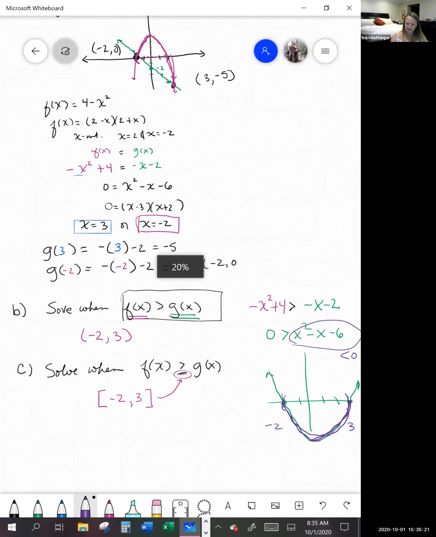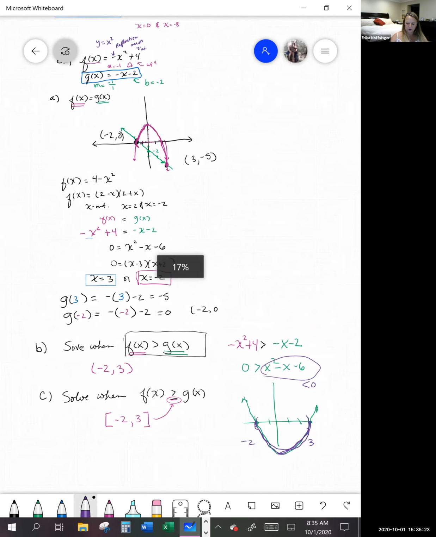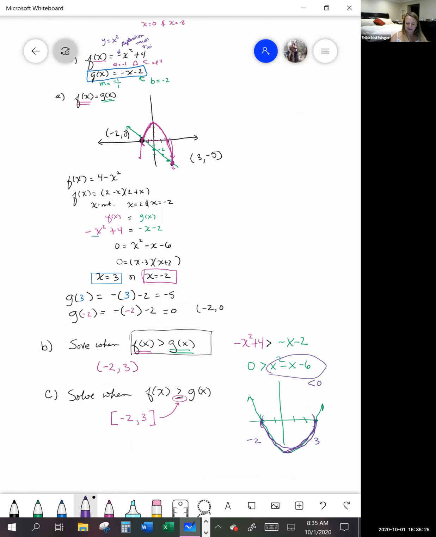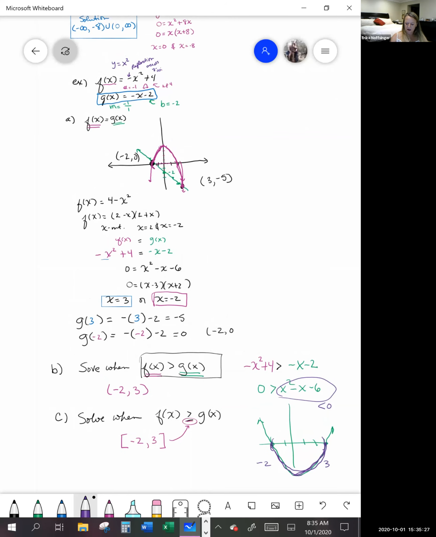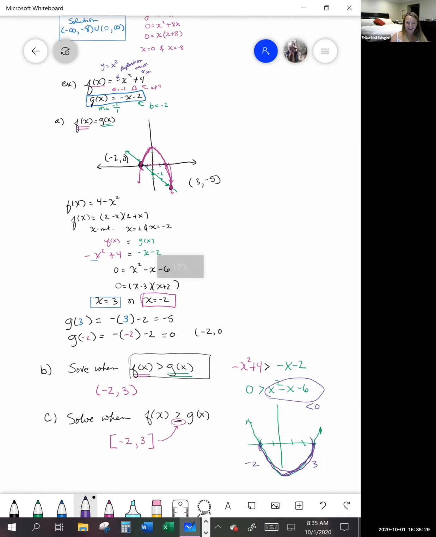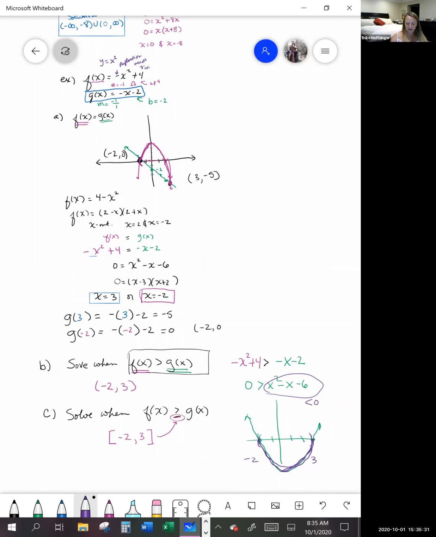Okay, so that's another way you could approach it. If you didn't want to graph both of them, you could set them equal to each other and get everything to one side and then do it that way. Or in this case, not equal, use the inequality. So any questions on that?